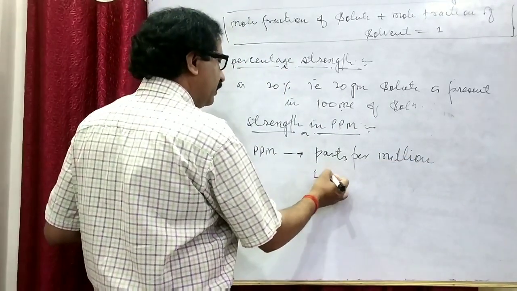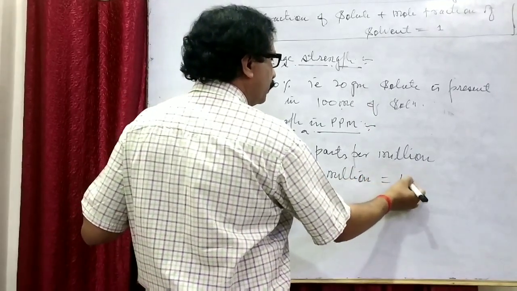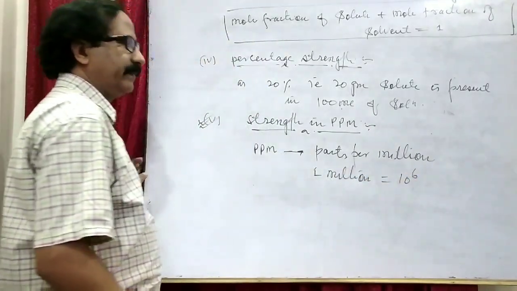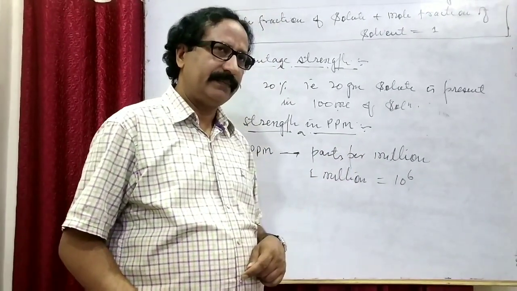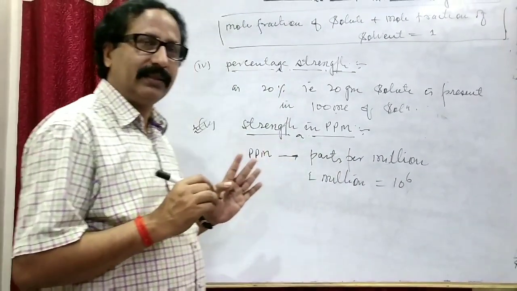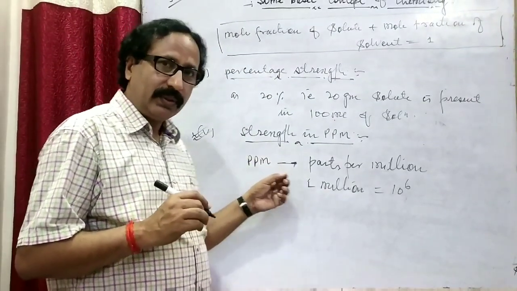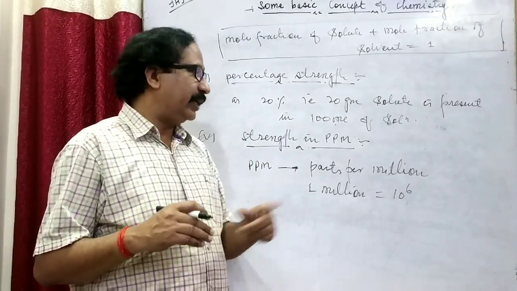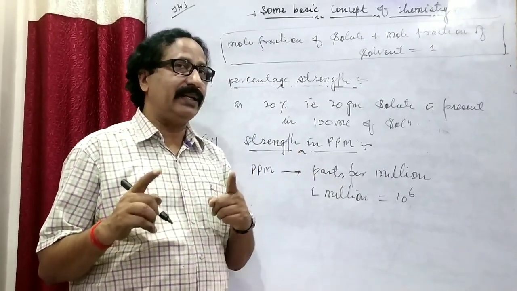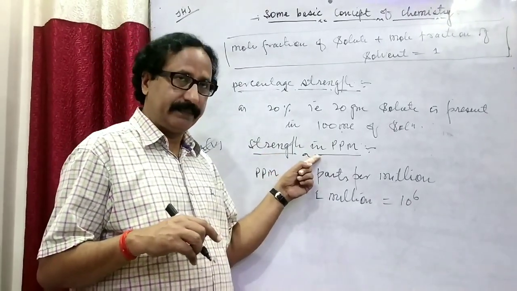And 1 million is equal to 10 to power 6. It means the amount of solute present in 10 to power 6 gram of solvent is called strength in ppm.